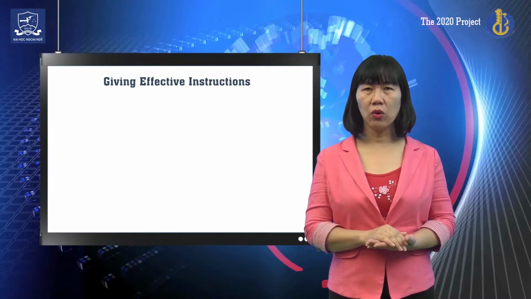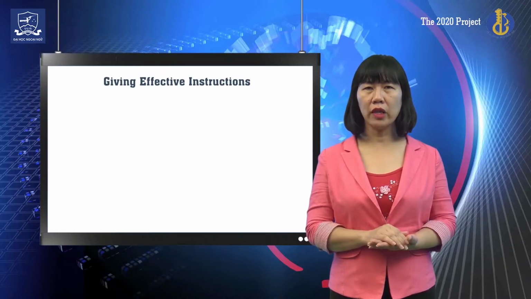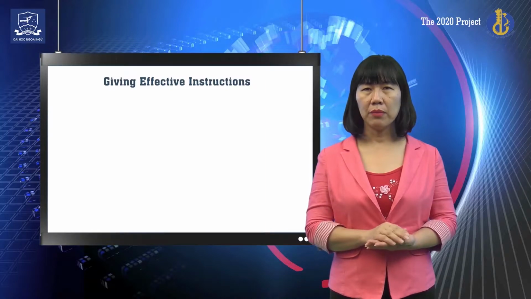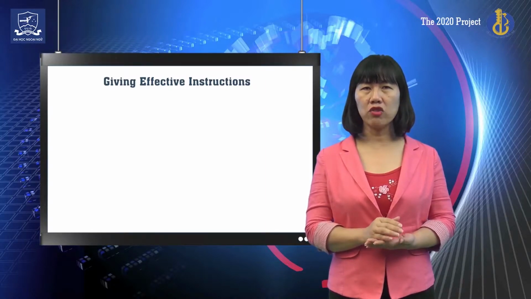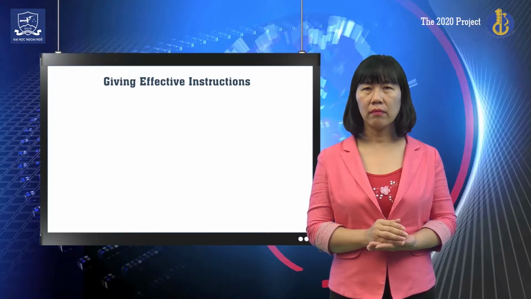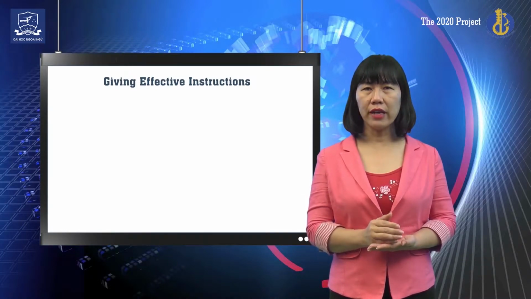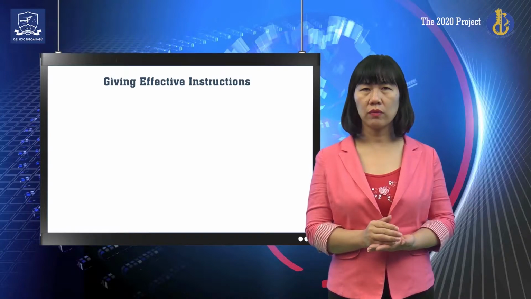In this video, we will see how to give and check instructions effectively, because many primary teachers find giving good instructions more difficult than getting attention and setting group work. The 2 next videos will focus on the rest of these 2 issues.